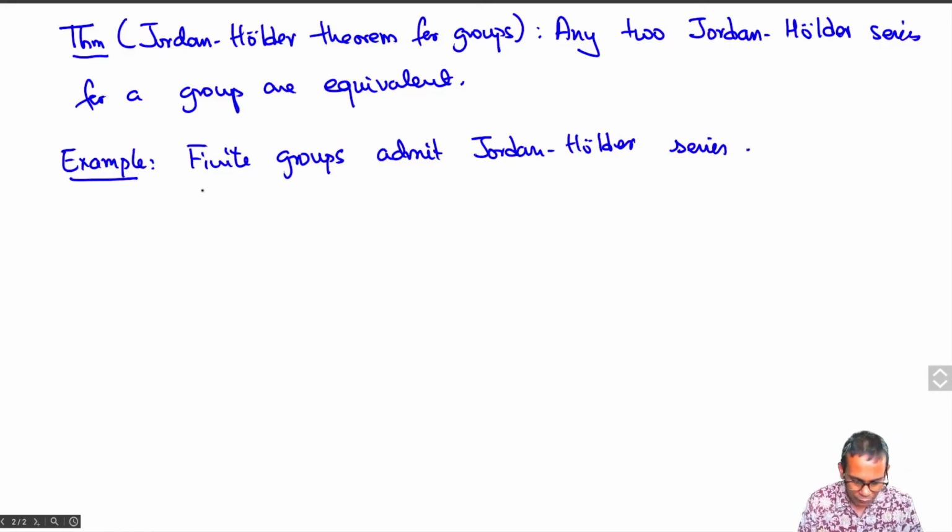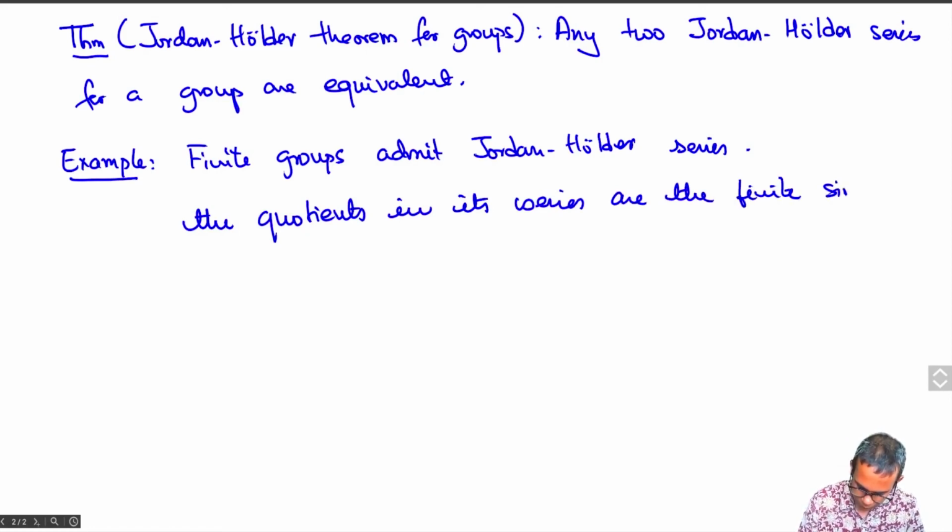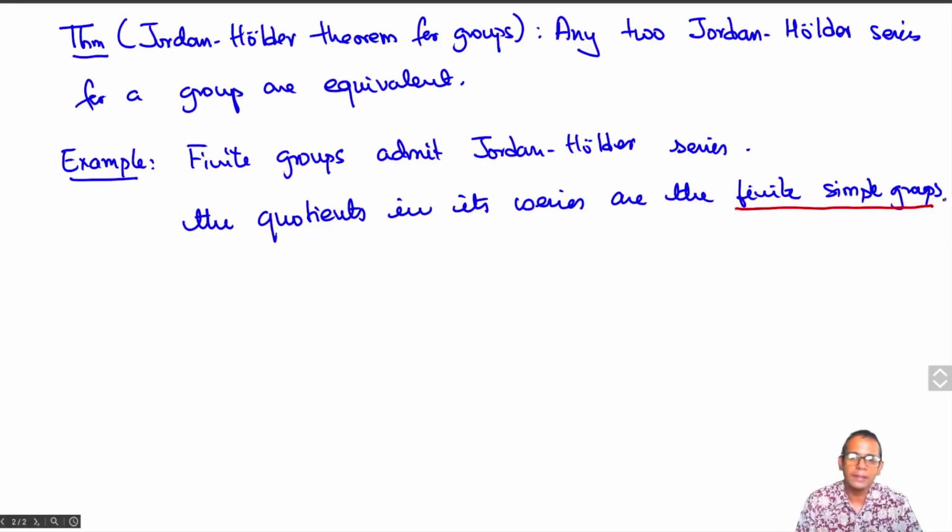And so every finite group has a Jordan-Holder series where the quotients are finite simple groups. And this is a very important class of groups because of this theorem. It says that finite simple groups are the building blocks of all finite groups.